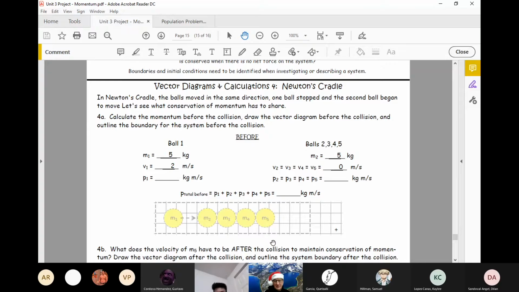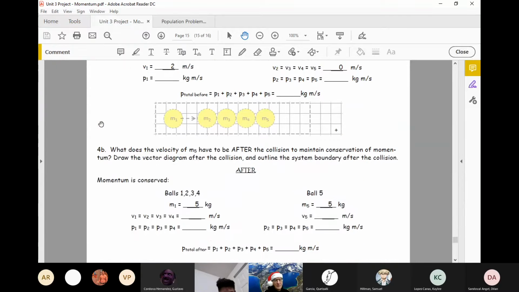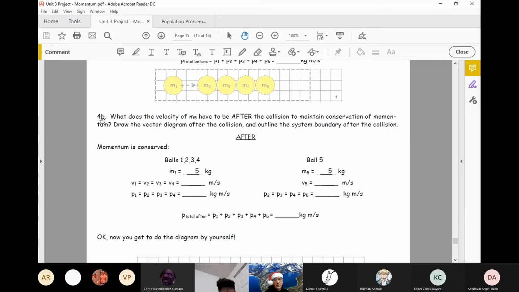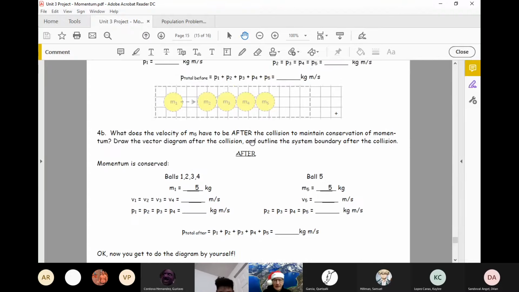So all of this on this top half of the page is about what's happening before this first ball hit the other ones that were just hanging there, motionless. That's 4A. Now notice in 4B, we're going to repeat that whole procedure, except it's going to be after the collision. So we're going to do a before and after, calculating momentum.